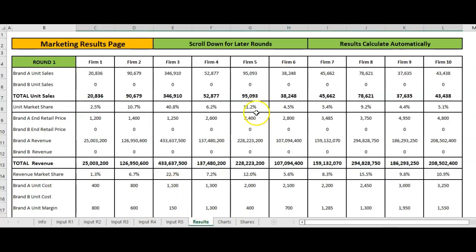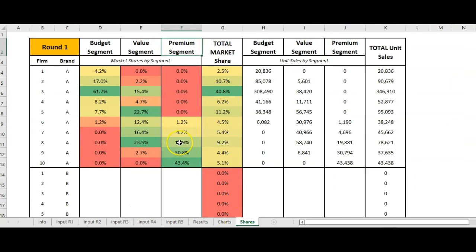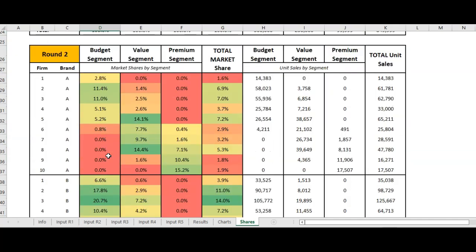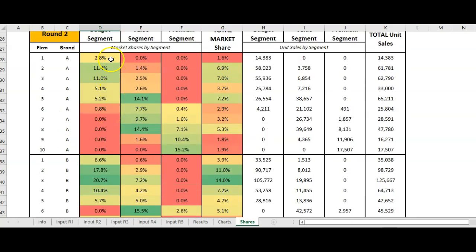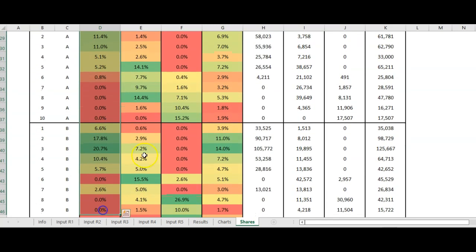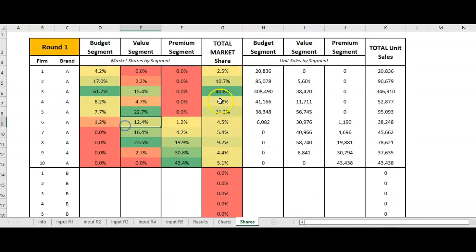This gives you details. And the other tab we want to look at is shares. This is going to tell us market shares by segment. So each of these add up to 100. Obviously, in round 2, there are 2 brands there, brand A and then brand B. And again, they all add up to 100 for each segment. And then we have a total market share.